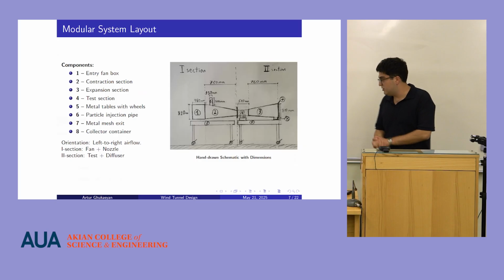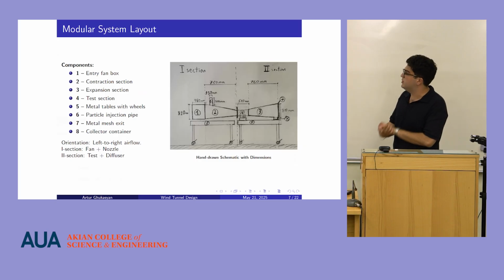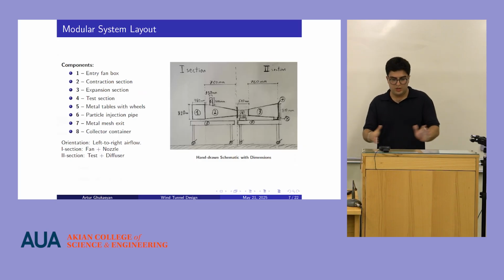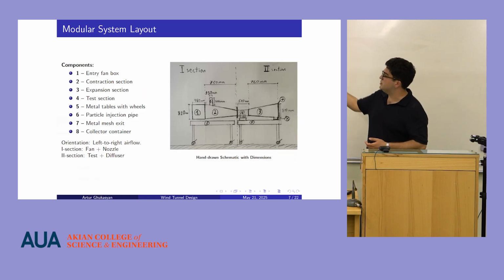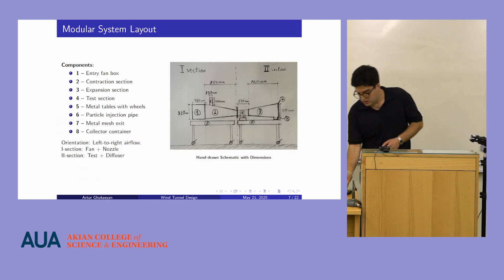Moving on, this was the original hand-drawn sketch made by me. We have from left to right the entry fan box, the contraction section, the test section, and the diffuser outlet.